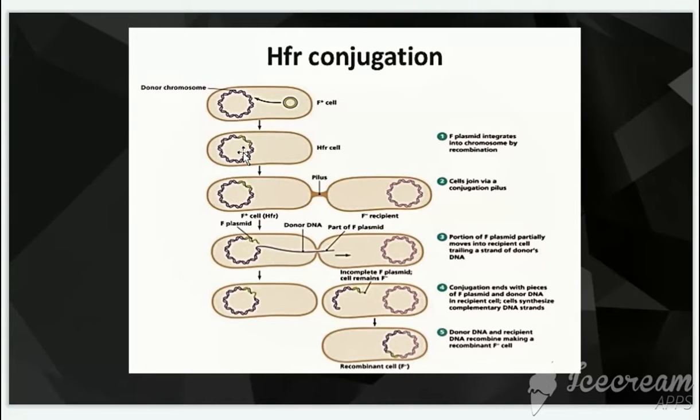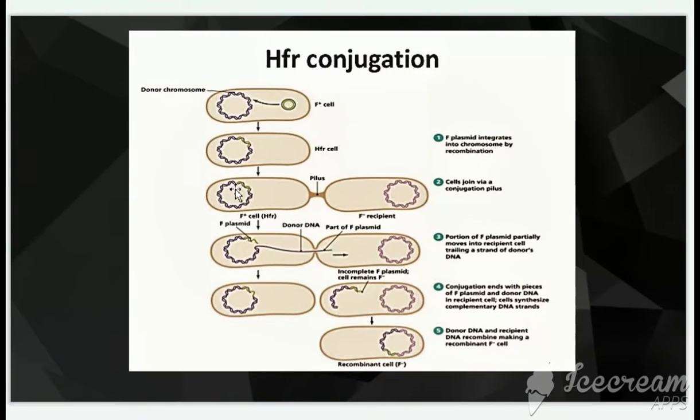By this process, the cell becomes an Hfr cell. How does this happen? As you can see, the plasmid DNA integrates into it, or it can also happen in normal conjugation if the plasmid is transferring and the transfer breaks in between, so this Hfr cell can occur.